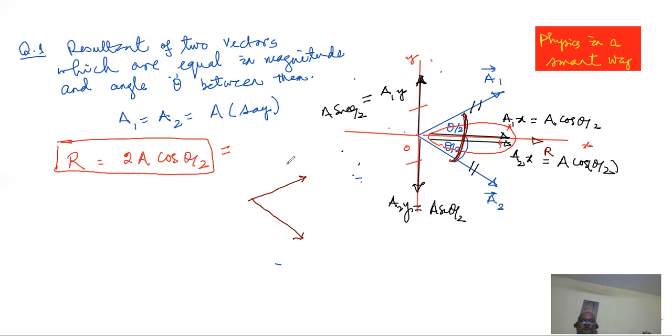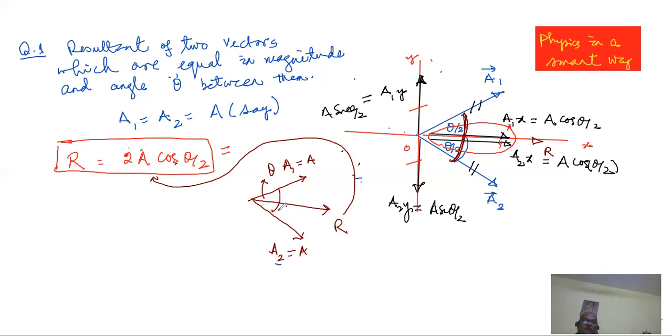Two vectors of same magnitude and angle theta between them will have a resultant which will come along the angle bisector, and the resultant will be of magnitude 2 into the value of one of them into cos of half of the angle, and the resultant will be along the angle bisector.